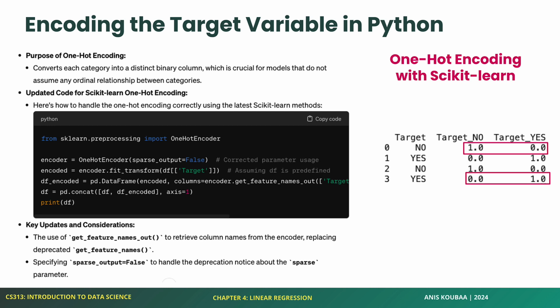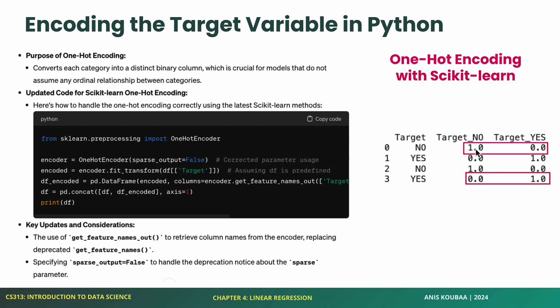Okay, so usually you create an encoder, OneHotEncoder, sparse_output equal to False. So this is a parameter here. And encoder.fit_transform on the target. Here it's going to look at the target. It contains yes or no, and then we'll convert them into vectors.